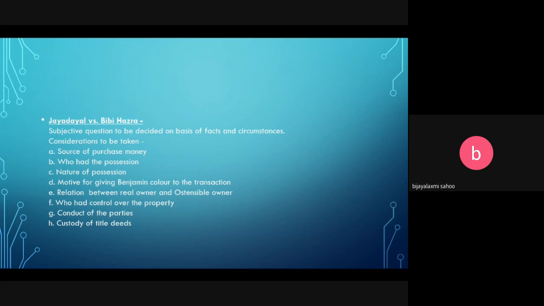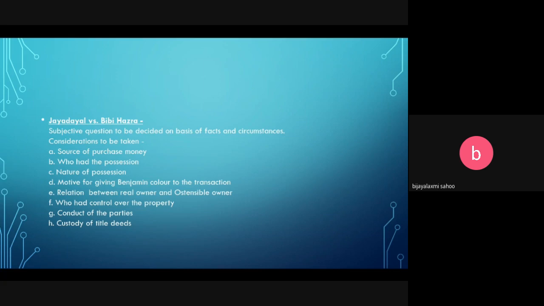Who had control over the property? Whether he was paying all the taxes, whether he was taking care of the property, whether he was giving it on rent, whether he was empowered to transfer or make necessary changes, what control the person had over that property, that will also be considered.